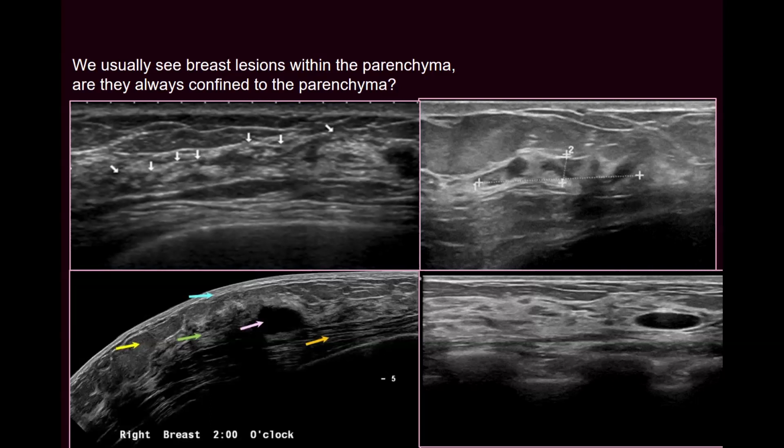If the breast is involuted, yes. But if you have a good mammary zone, in a non-involuted breast like this one, can you detect any lesion in the subcutaneous fat or in the retromammary zone?